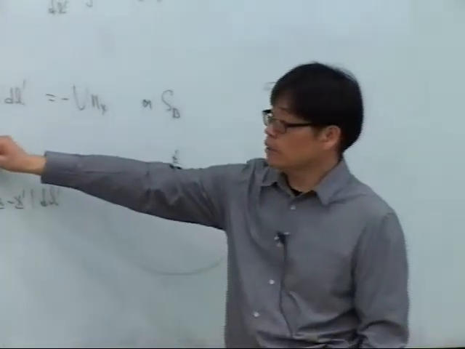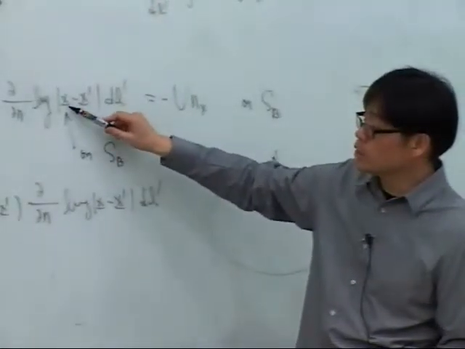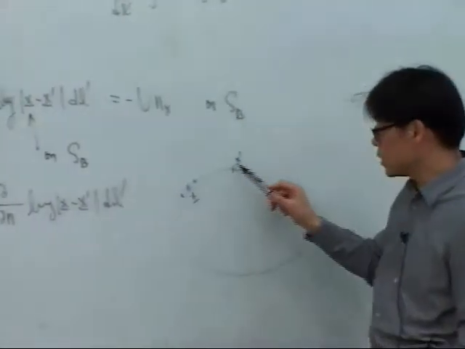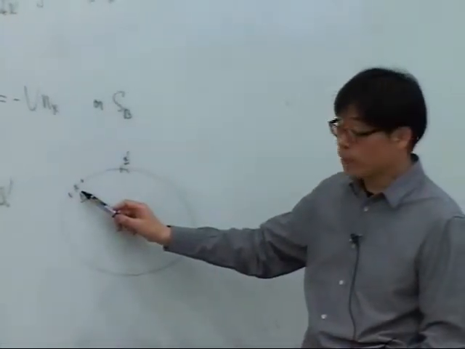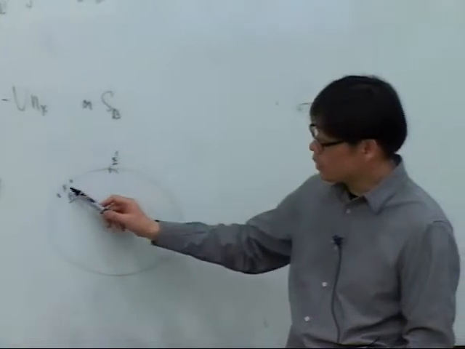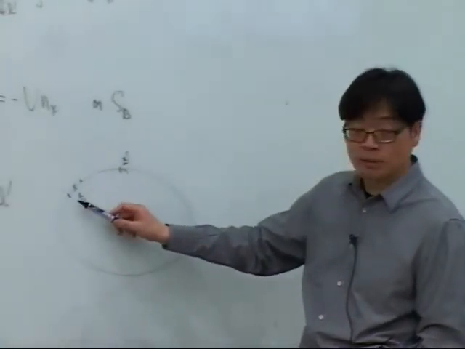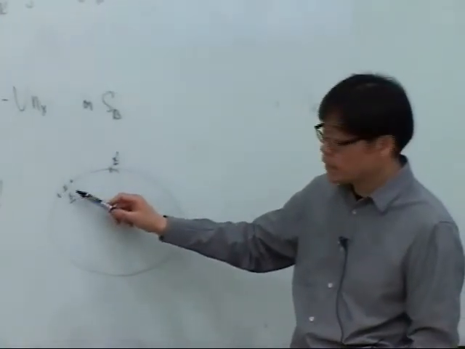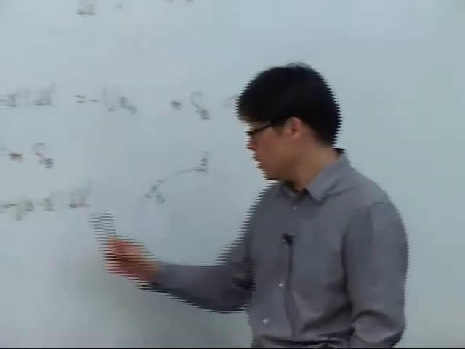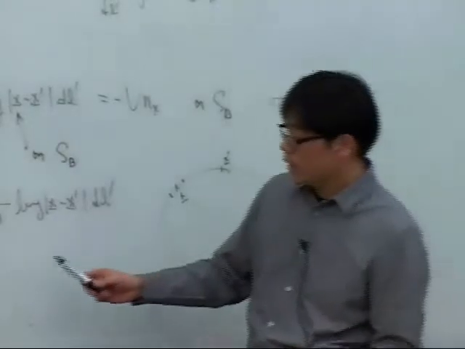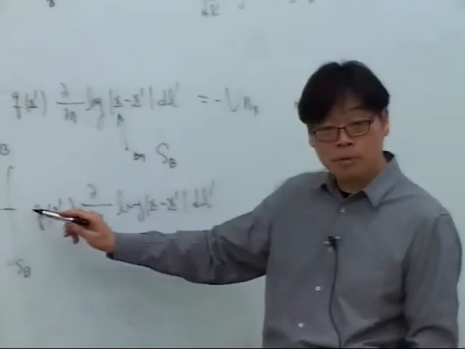This guy becomes singular when x is equal to x prime. X prime can be anything when you fix x. So when x prime is close to x, then I'm in trouble. So I exclude that first, and then I integrate over the other contour, and that's what I have as this S_B.